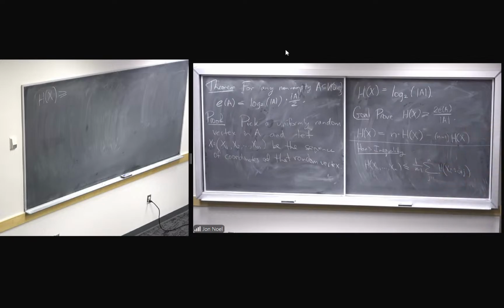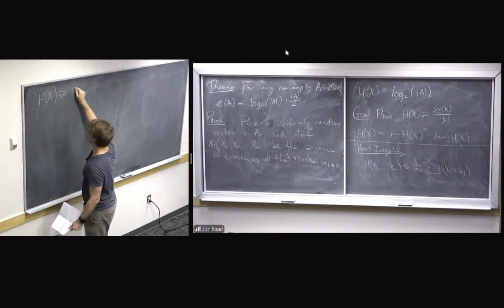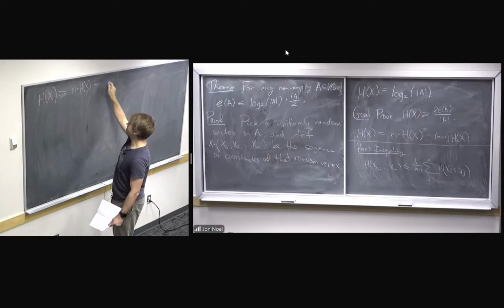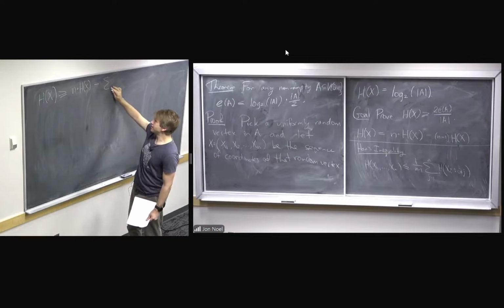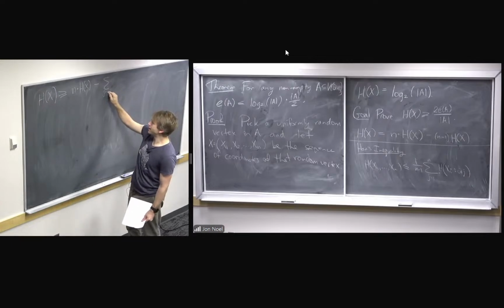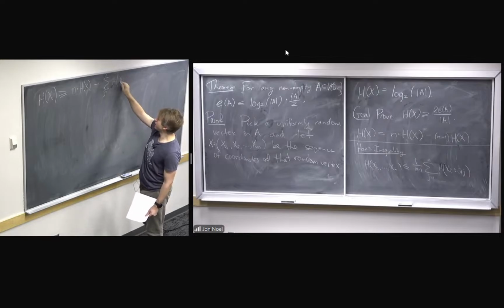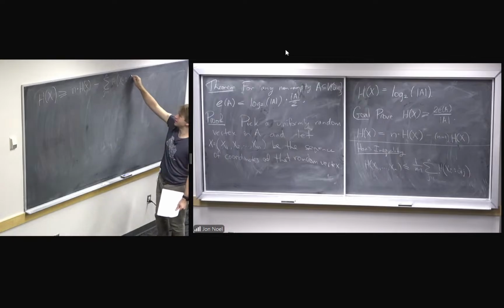So h of X is at least n times h of X minus, the n minus 1's cancel, the sum over j from 1 to n of the entropy of all of the variables xi where i is not equal to j.